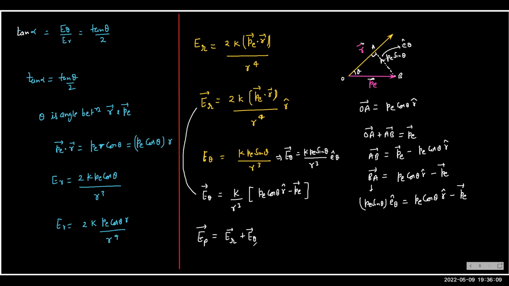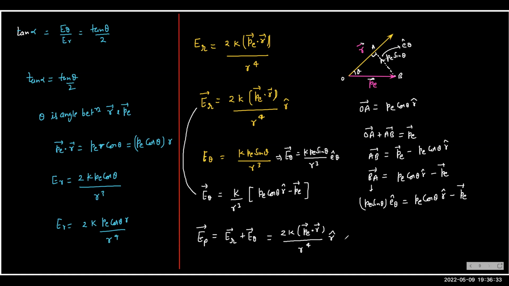So now we have vector notation, and this will be equal to 2k, and this we can further write in a nice way.